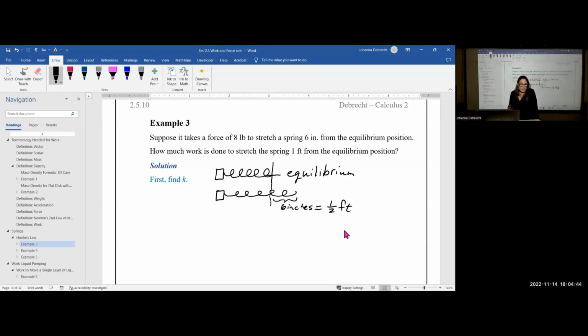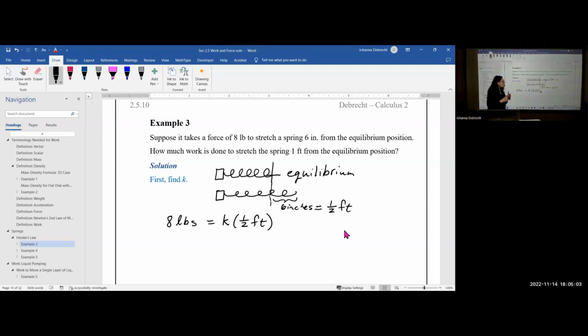So my spring constant is given by the original information. 8 pounds has to equal some constant times the 6 inches, which we converted into 1/2 of a foot, right?